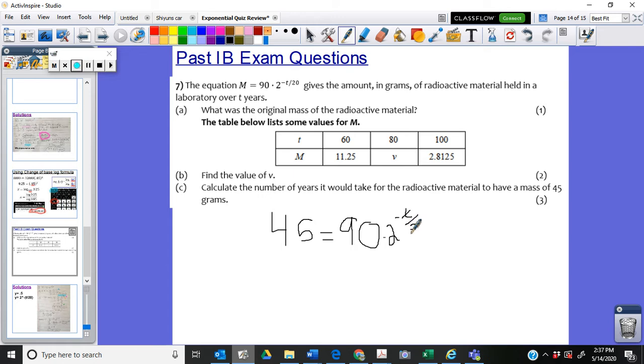So negative T over 20. Okay, now the first thing you would do is divide by 90 on both sides to get this exponent expression by itself. And what you'll come to is 0.5 equals 2 raised to the negative T over 20 power.